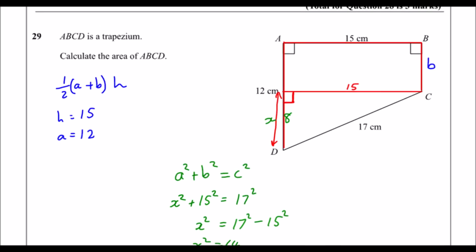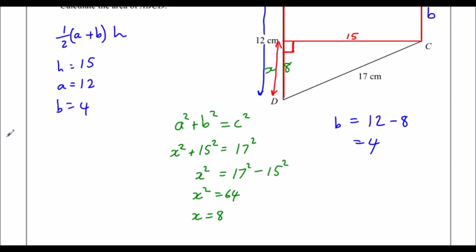So B must be, the whole way is 12. This part is 8. So 12 take away 8, which is 4. So B must be 4 centimeters. So now we've got all the information we need to find the area of the trapezium.